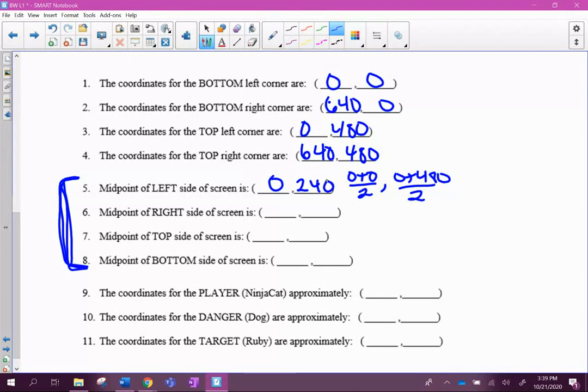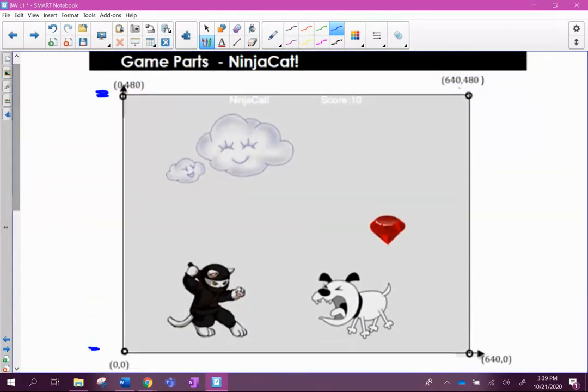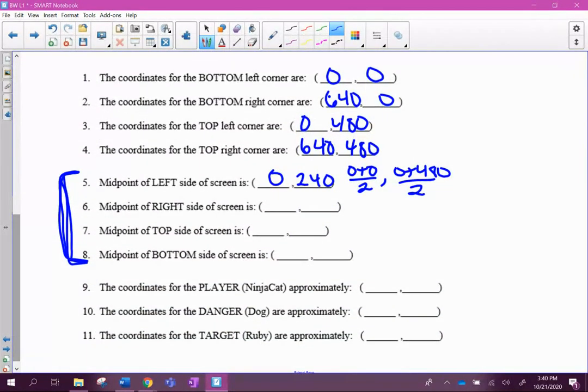Okay, so my midpoint of the side here, about there, would be 0, 240.